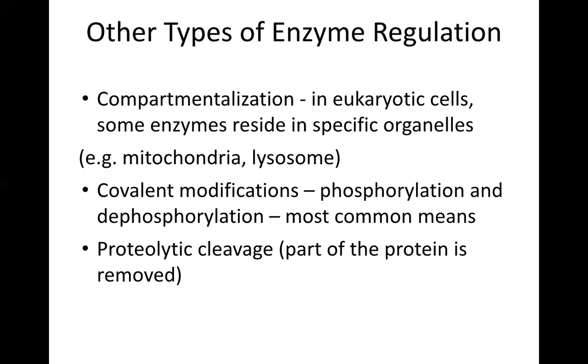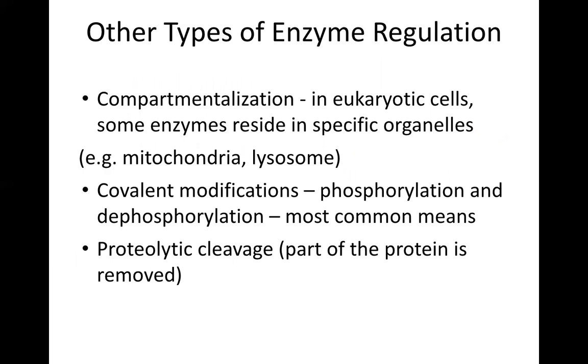Of course, there are other types of enzyme regulation, and some of them we've already encountered. Compartmentalization in eukaryotic cells. Some enzymes reside in specific organelles, mitochondria, lysosomes. So you're going to regulate a chemical reaction by sequestering the enzyme away from its substrate. So the enzyme is present in the lysosome.